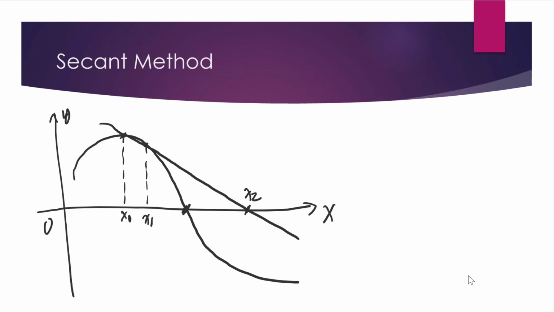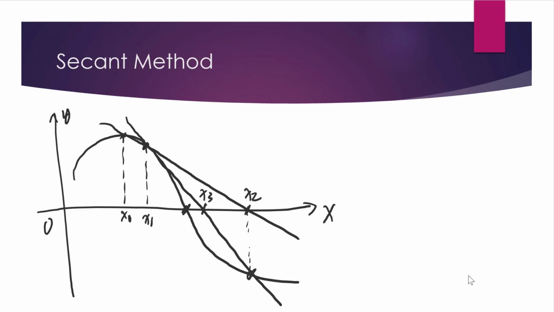Then evaluate the value of the function at x2, and connect the function values at x1 and x2. Connecting these 2 points, you draw another secant line. This secant line will intersect the x-axis at x3, which is the new approximation of the root.